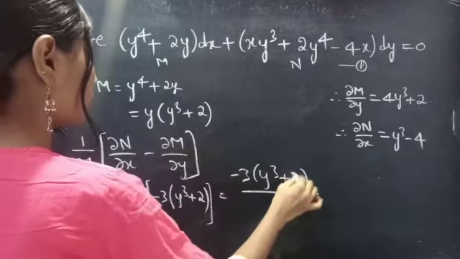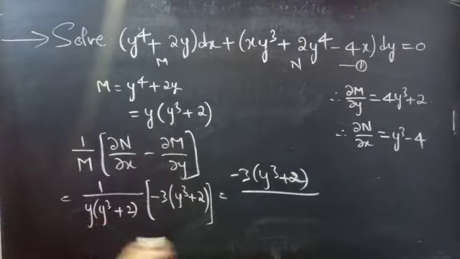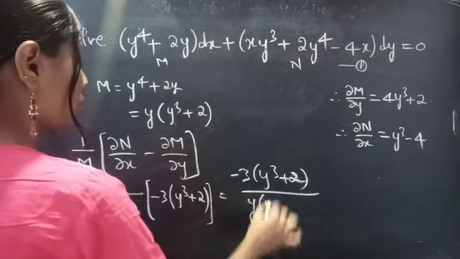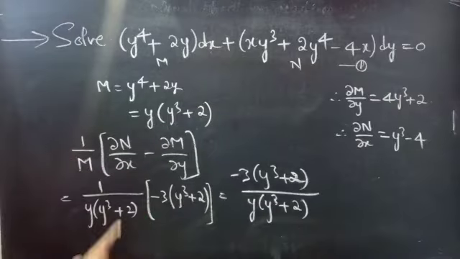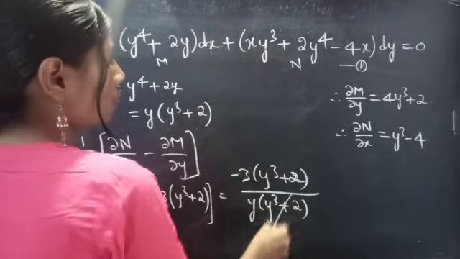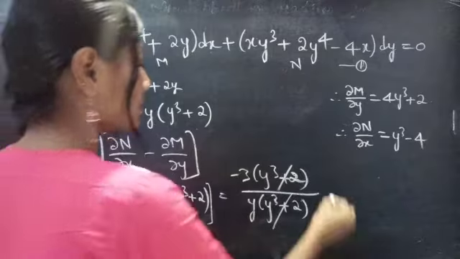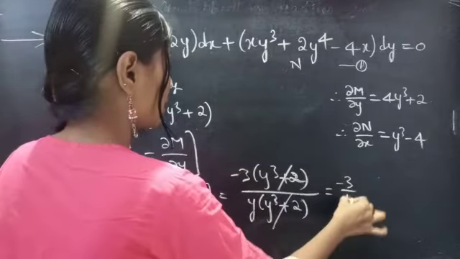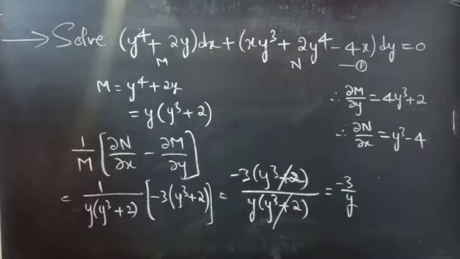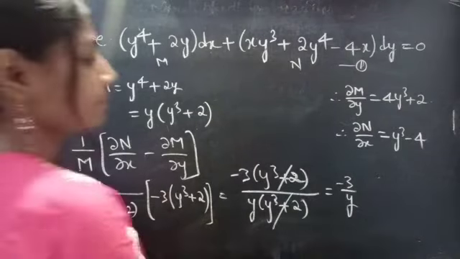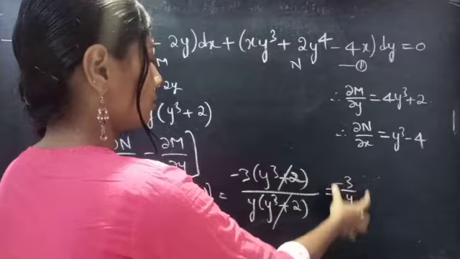by y times y cube plus 2. So here y cube plus 2 gets cancelled. This equals minus 3 by y. We don't have any x here, right?